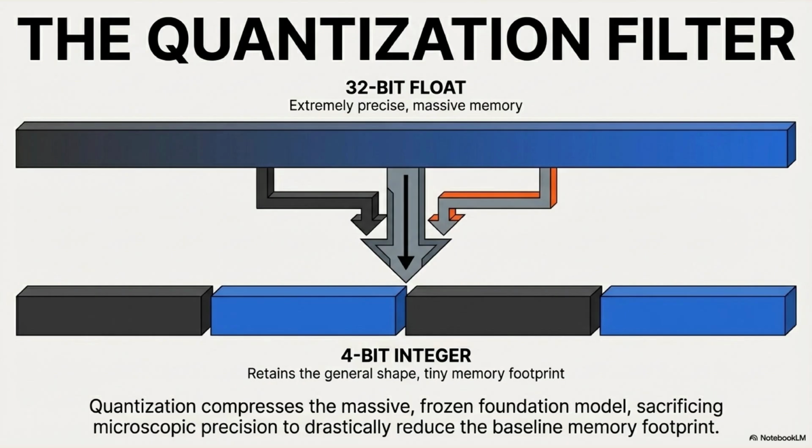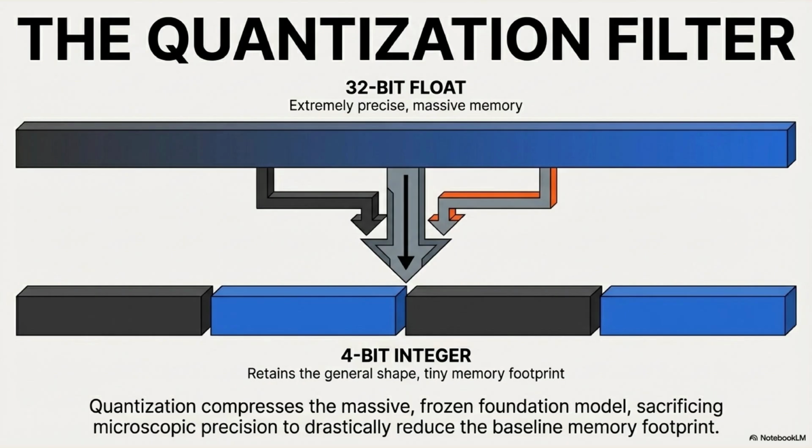At the top, you see the 32-bit float representation, a wide continuous bar, extremely precise, but massive in terms of memory. These are the raw, uncompressed model weights. Then the arrows push them through a compression filter, and what comes out the bottom is a 4-bit integer representation, segmented blocks, smaller, chunkier. The caption underneath tells you everything. Retains the general shape, tiny memory footprint.